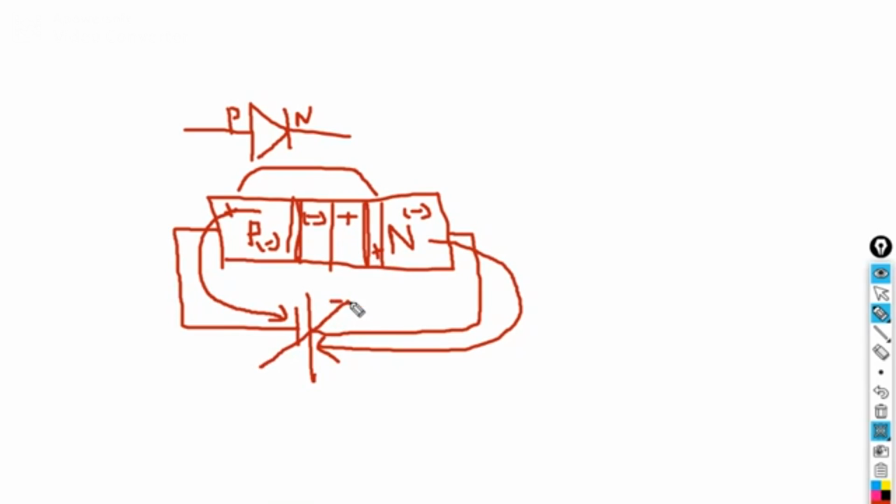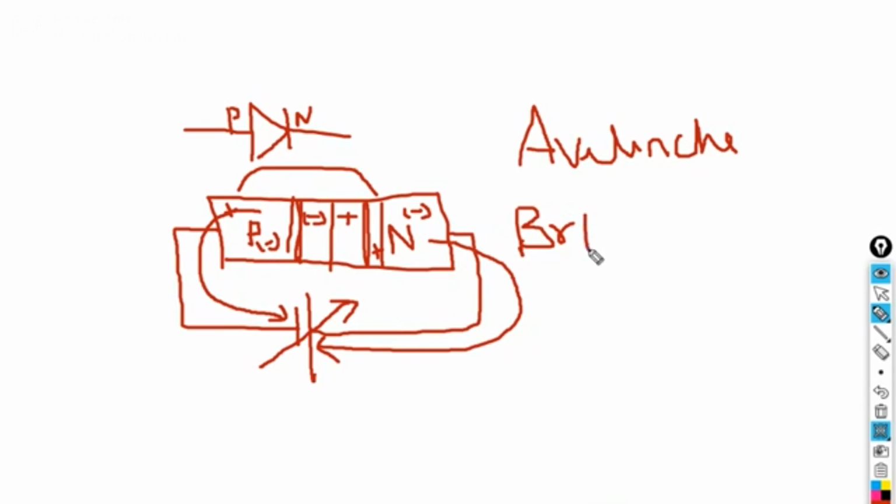What will happen if I keep on increasing the reverse bias? I will reach a stage, and that stage is called avalanche breakdown. What is the meaning of this? Avalanche breakdown is the one where there won't be any more p-n junction, the entire junction acts like a semiconductor material, and the current will shoot up and destroy the p-n junction.